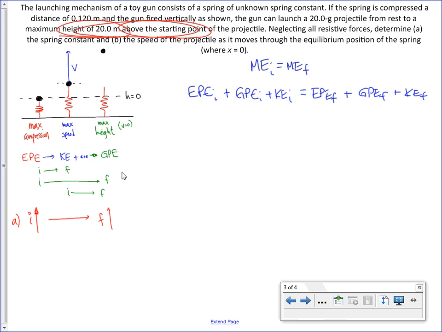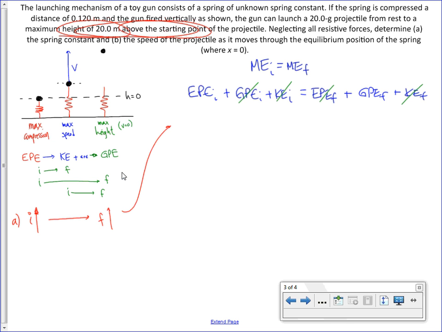Now, based on where we've chosen our initial and final, here's what we can say. In the beginning, we're at height 0. It's not moving. The thing is, quote, locked and loaded, right? At the end, the spring is at natural length, and the object's not moving at max height.